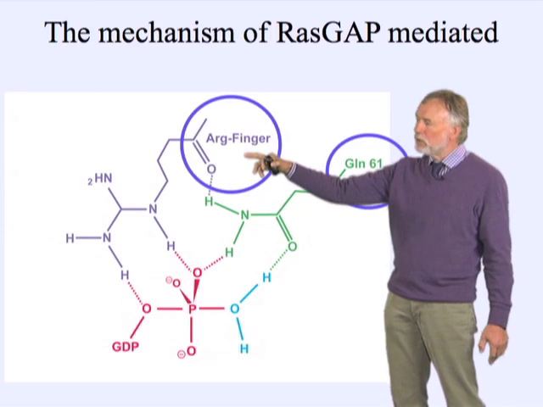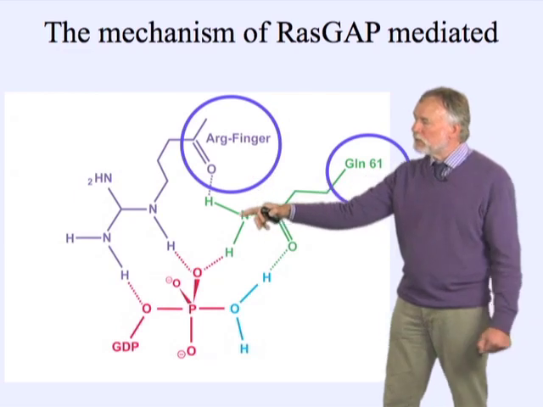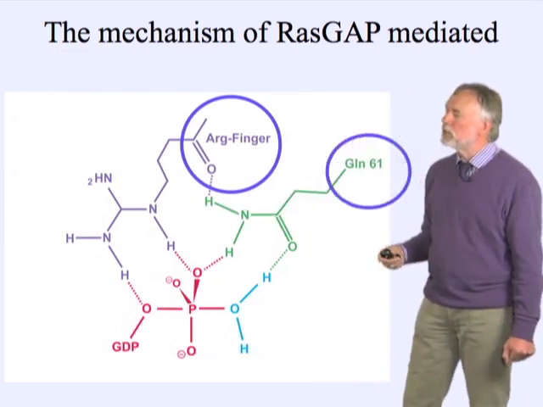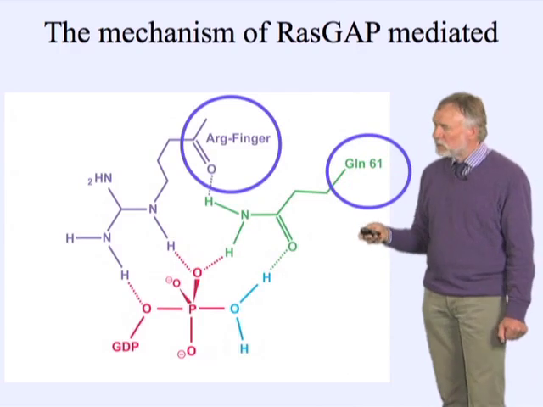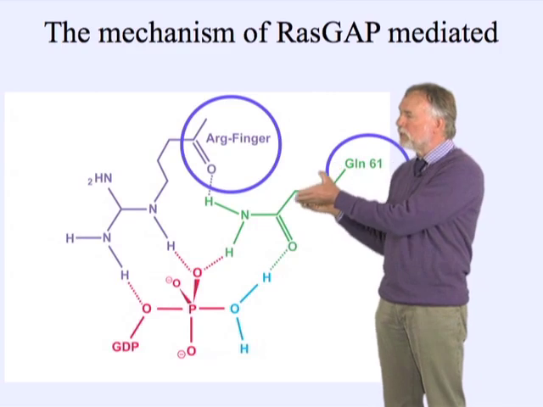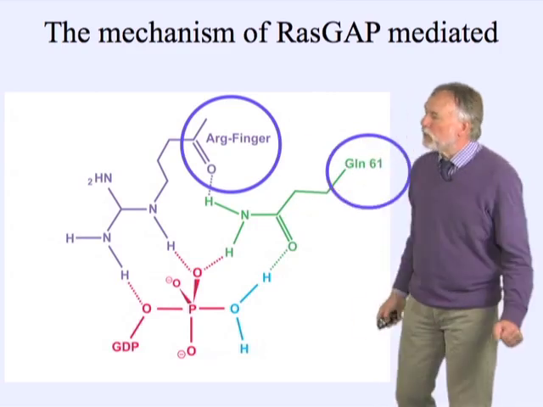And the arginine, what we call the arginine finger, is first of all stabilizing the position of that glutamine, and it also delivers its positive charge of the guanidino group to neutralize charges on the gamma phosphate. So these are the two residues that are really crucial for the reaction: glutamine 61 from Ras and the arginine finger from Ras-GAP.